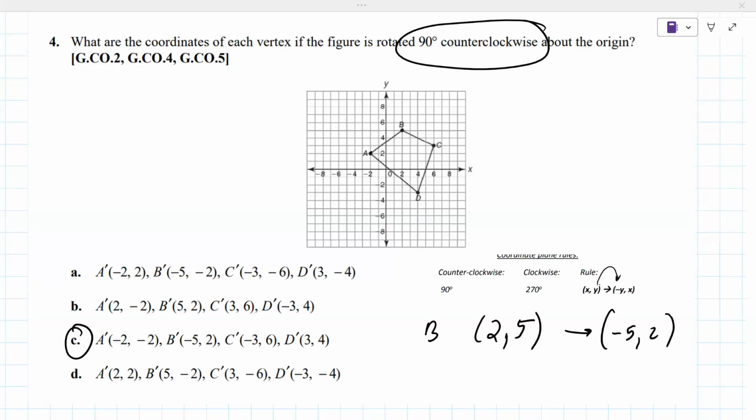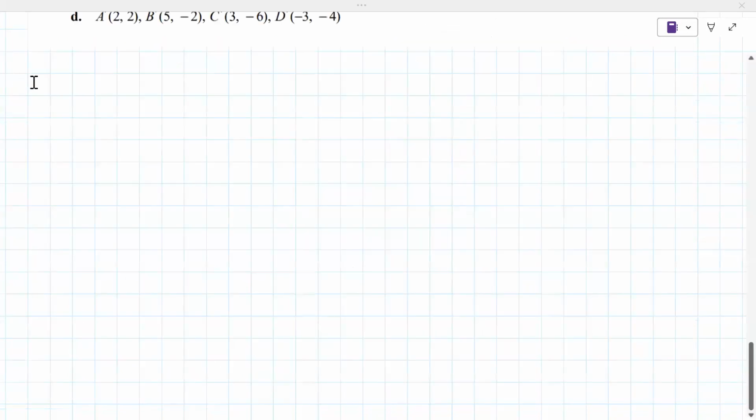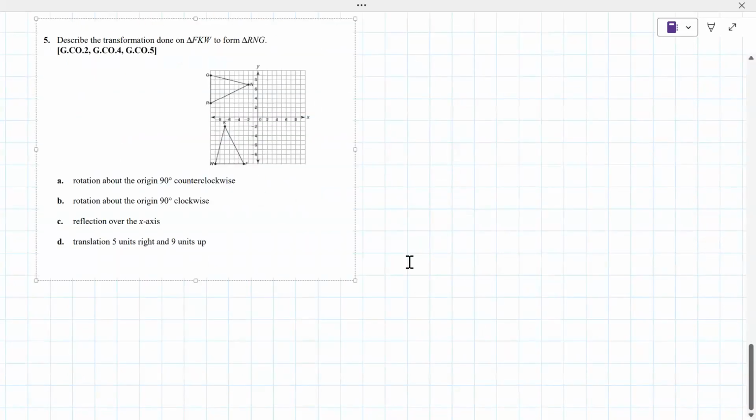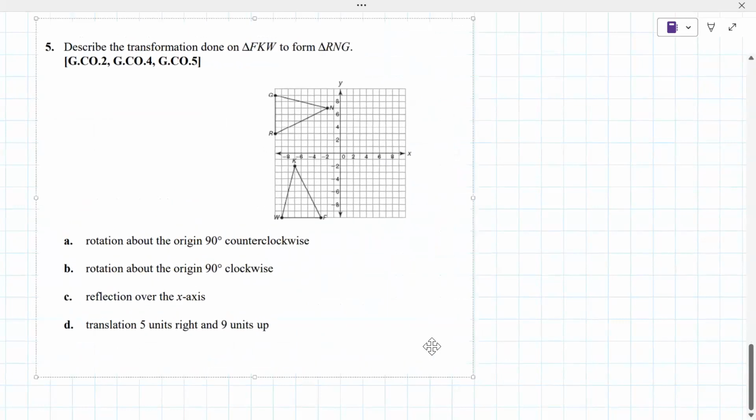Okay, let's look at another problem here. I'm also trying to avoid having to graph stuff as much as possible. So make sure you know which is the original.